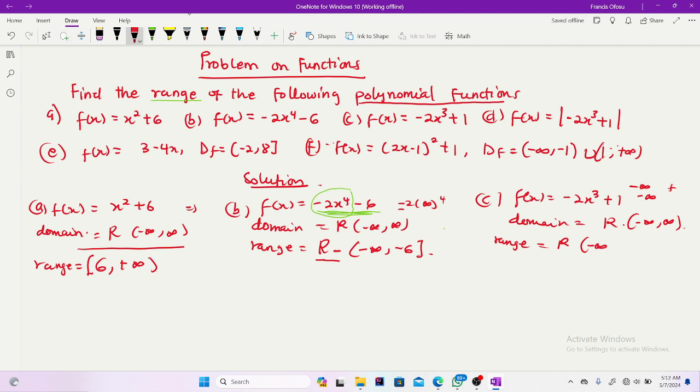And when I put in negative input, I'm getting positive output. So the maximum positive I'll get is positive infinity, and the minimum negative I'll get is negative infinity. So we just say that the range spans from negative infinity to positive infinity.